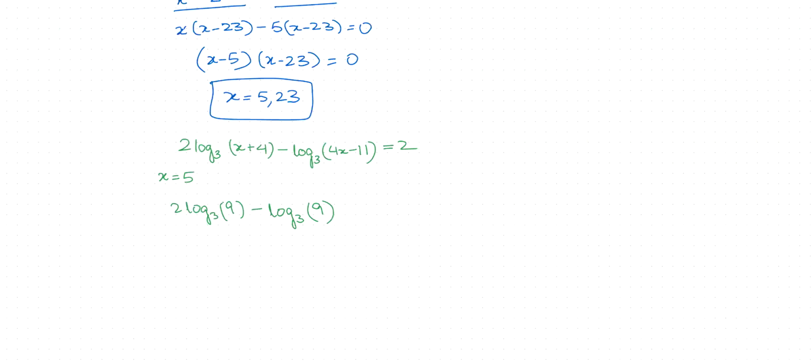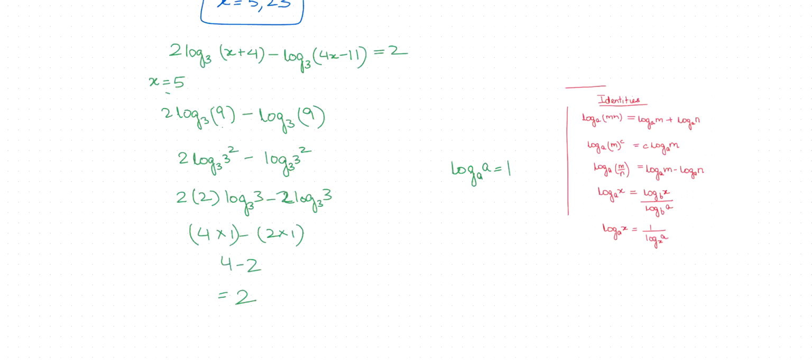Now, as we substitute x, we get here 9. 9 can be written as 3 squared. So we use property 2 to convert this into 2 log base 3 of 3, and same here.